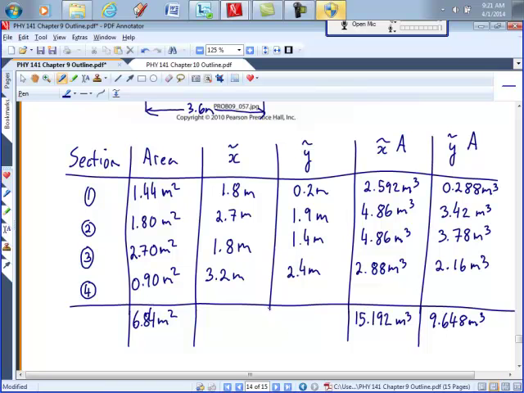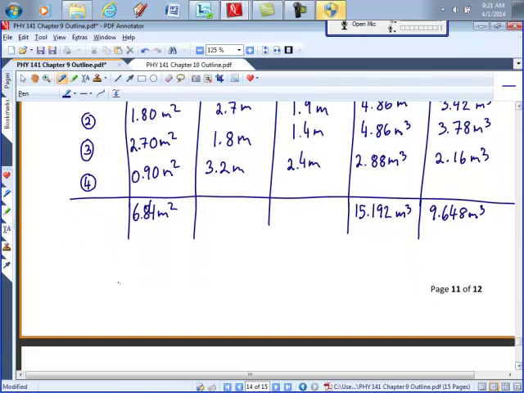So based on those values, then we would calculate our x bar and our y bar. So x bar is going to be 15.192 over 6.84, 2.22 meters.